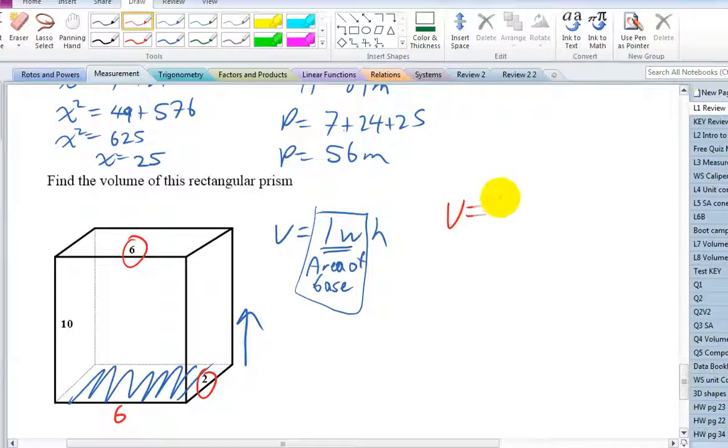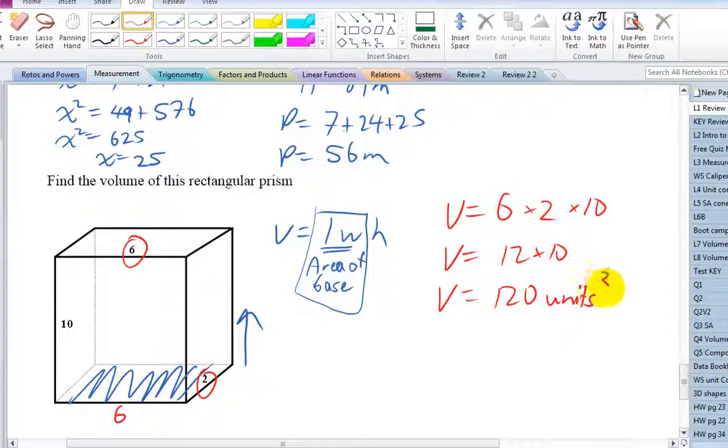So this one you would substitute in 6 times 2, and the height is 10. Okay. So 12 times 10, 120 units cubed, or cubic units. Okay.